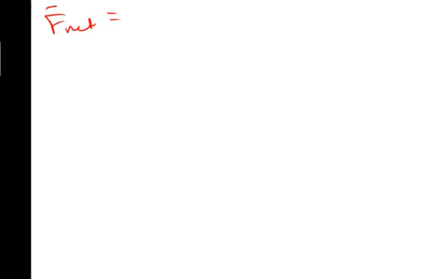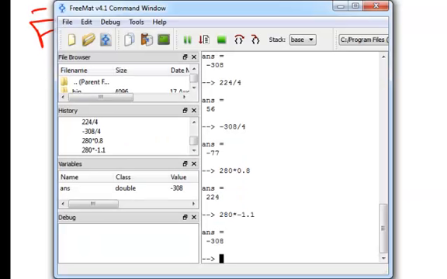It's equal to, go back to our calculator, 224 divided by 4 is 56, and -308 divided by 4 is -77.